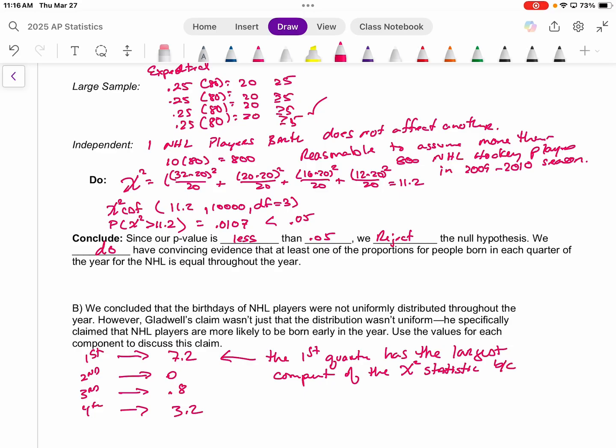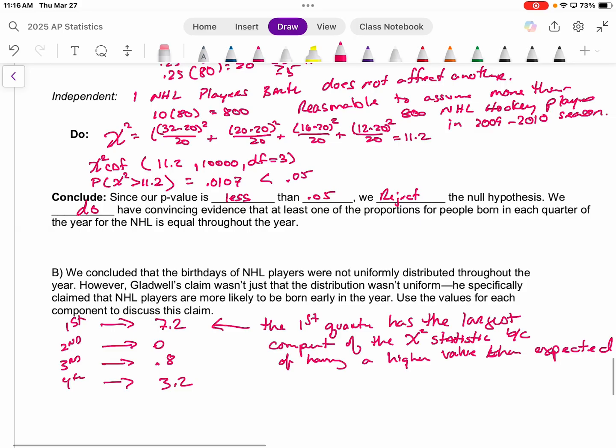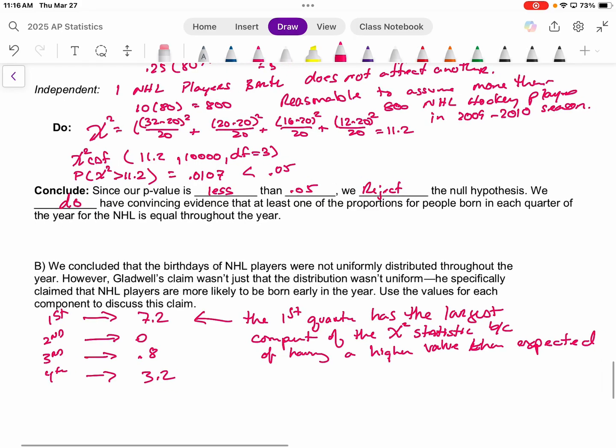Because of having a higher value than expected. Because remember, we expected it to be even at 20 each, and it ended up being 30-something. So it was a lot higher there.